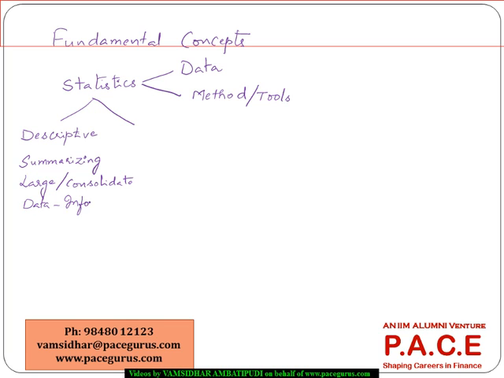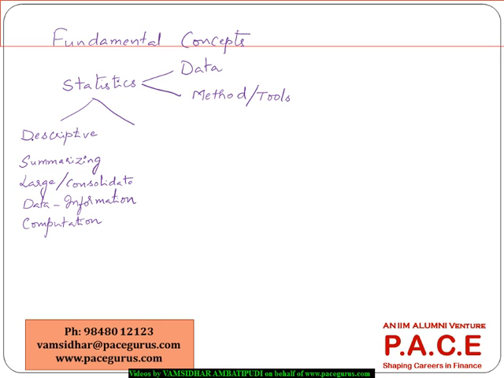The data is getting transformed into useful information. So that is what is being taken care of by the descriptive statistics. So either I summarize, I do basic computations on the data, all those are going as a part of my descriptive statistics.